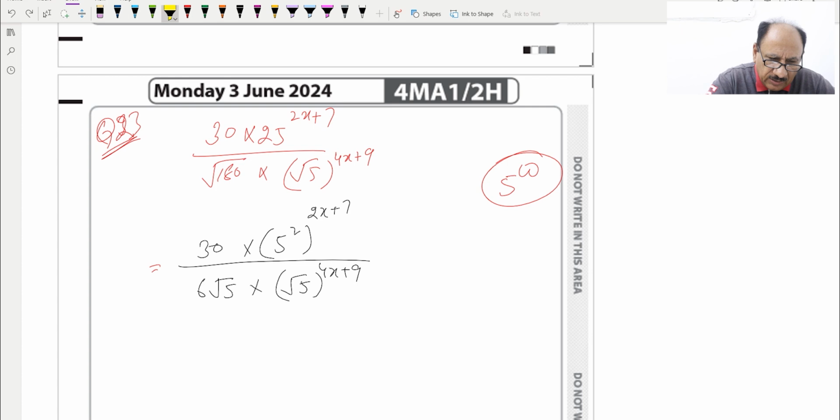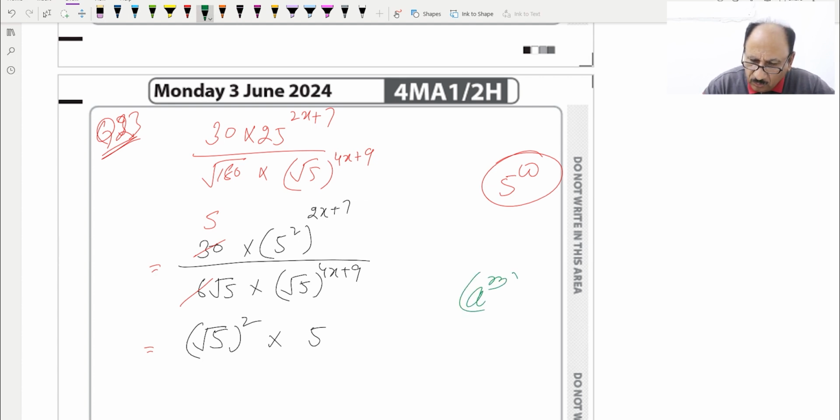Now we will be cancelling. We can cancel this 6 by this, and we will get here 5, 6 5s are 30, and what else we can write? We can write this 5 as under root 5 square, and we can multiply these powers, because by the indices rule, what is the rule which we are applying? A raised by m whole raised by n is equal to a raised by mn.